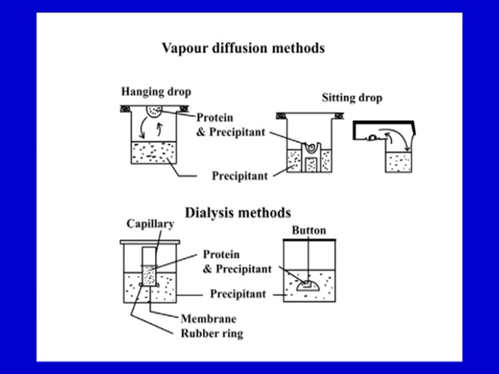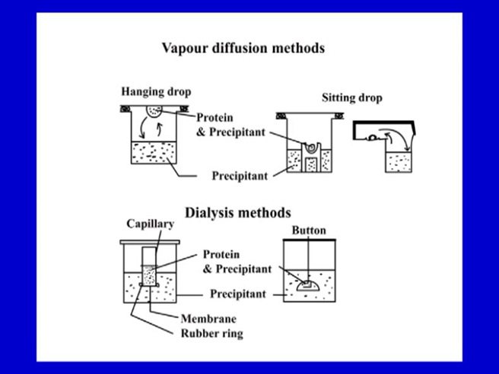This is hanging drop, which is named so because the drop is hanging. Then there is sitting drop, where a drop is put in here, and this is the precipitant or reservoir solution, and exchange of solvent occurs. Again, this is brought to supersaturation by keeping it for some time, and crystals might form.